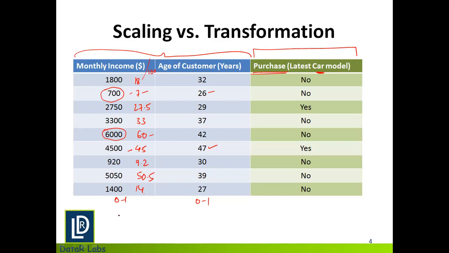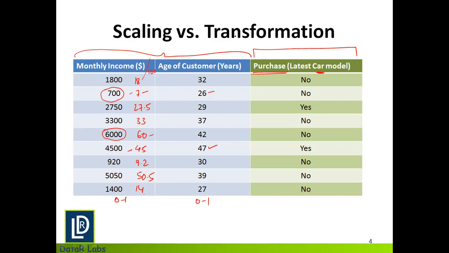I don't want to change the distribution of the data. So while simple scaling just means dividing or multiplying by a scaling factor, transformation is a more rigorous or more sophisticated technique, which helps me bring not only the scale into the same range, but also the extreme ends.